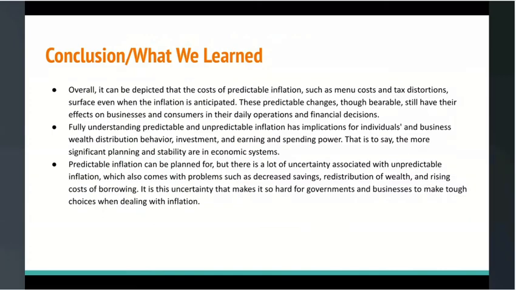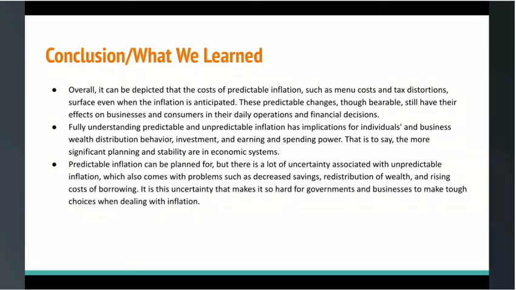And this is my conclusion, what we learned in the video. Overall, it can be depicted that the costs of predictable inflation, such as menu costs and tax distortions, surface even when the inflation is anticipated. These predictable changes, though bearable, still have their effects on businesses and consumers in their daily operations and financial decisions.